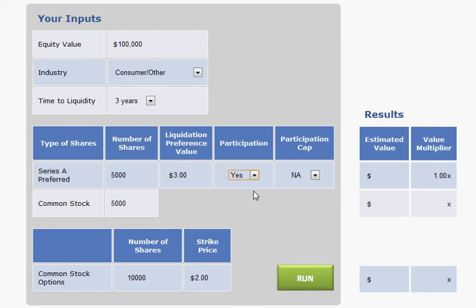So in other words, they participate in both the upfront payoff of their liquidation preference and then what remains together with common shareholders. This is obviously a very favorable feature for preferred shareholders and not so favorable for common shareholders.